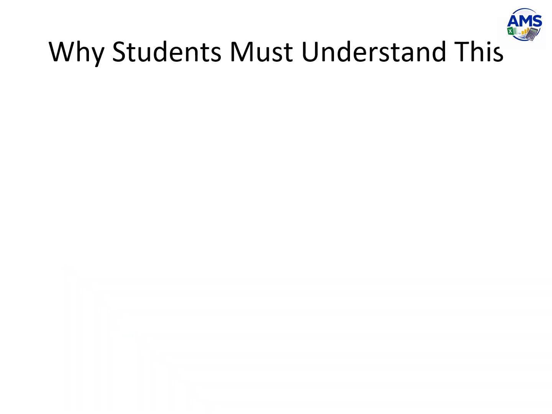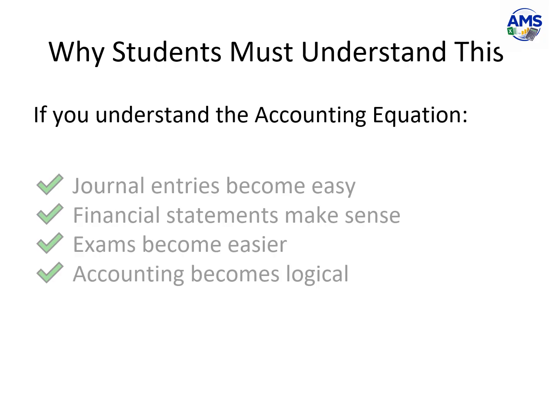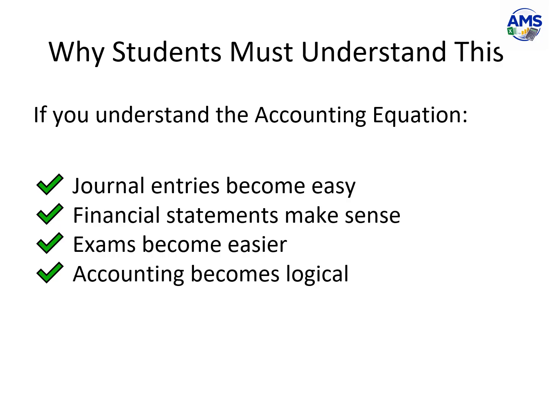Now, let's see why students must understand this equation. If you understand the accounting equation, then your journal entries become easy. You will know what to debit and what to credit because the debit and the credit side must always balance.